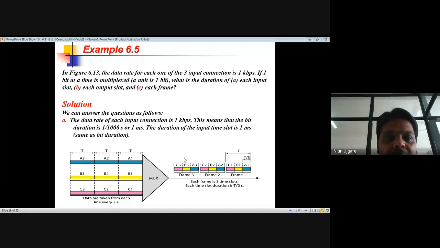Here in this figure, the data rate of each of the 3 input connections is given as 1 kilobit per second. That means each line has a bit rate of 1 kilobit per second. If 1 bit at a time is multiplexed, a unit is 1 bit. So we are supposed to calculate the duration of each input slot, each output slot, and each frame.